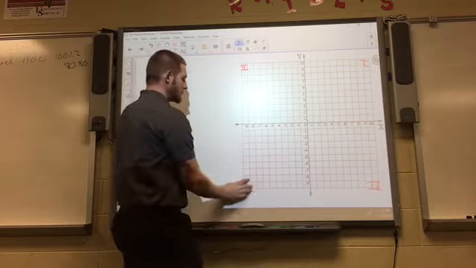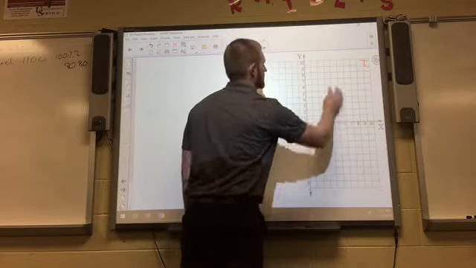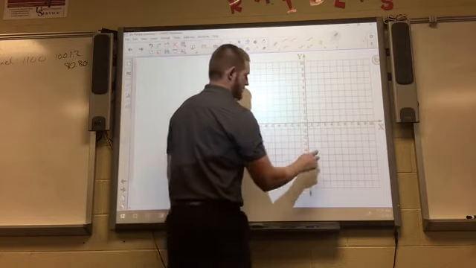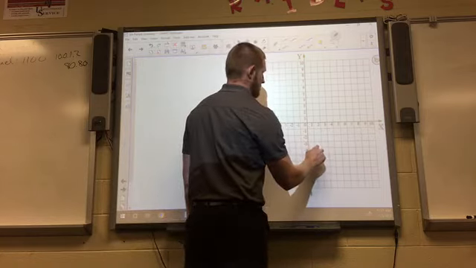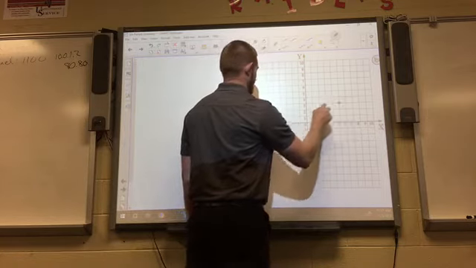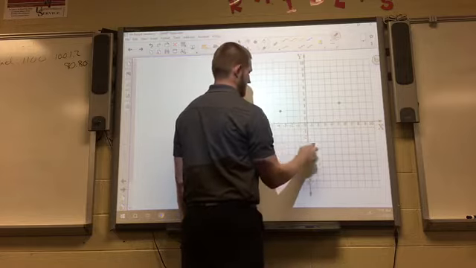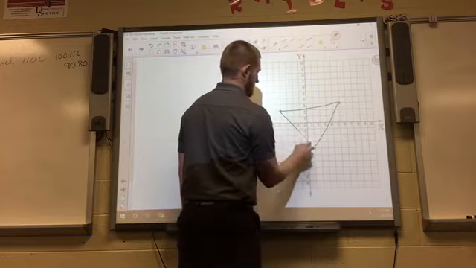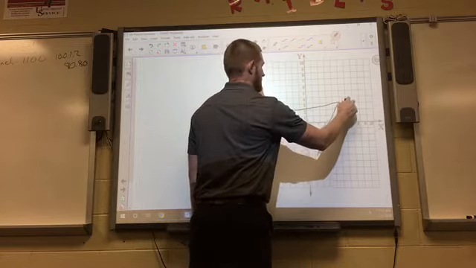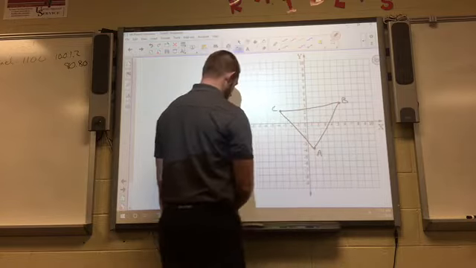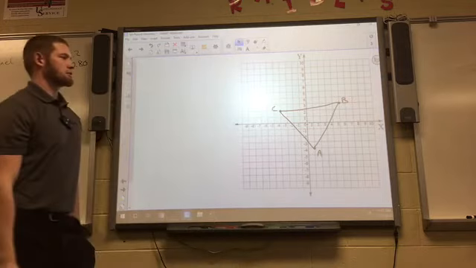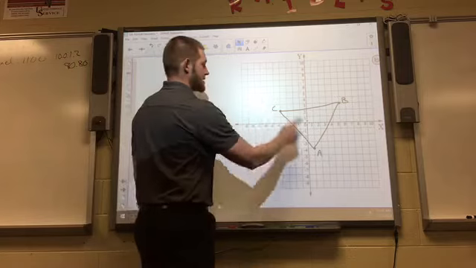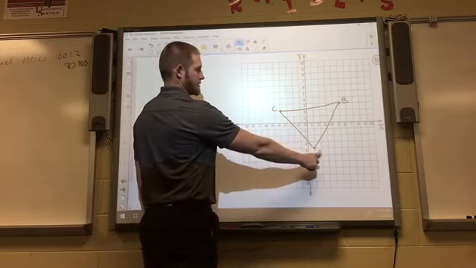Okay? So, if I had this triangle up here, and they wanted us to rotate it 90 degrees, point A is going to end up in which quadrant? 1.